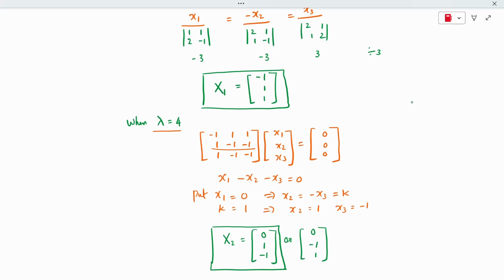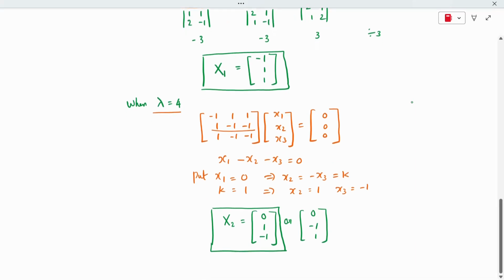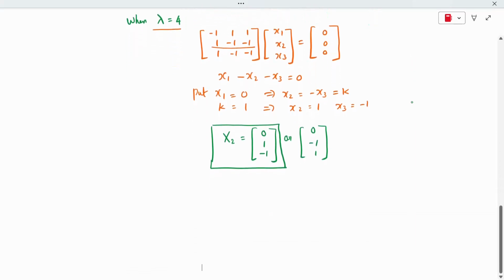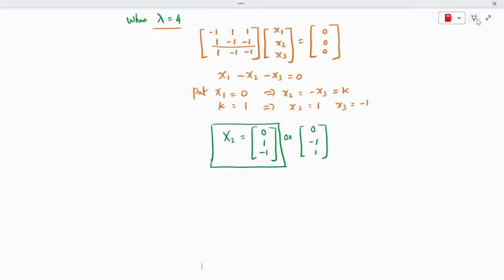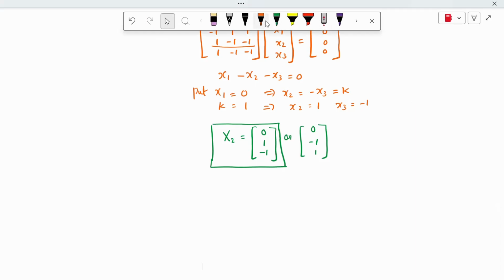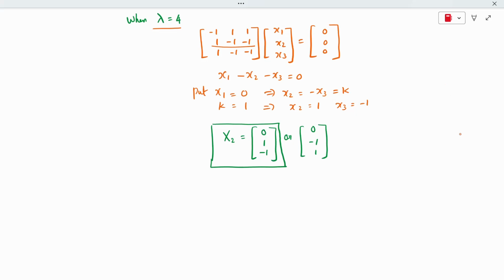We need to find the third vector. But which type is it? It is a symmetric matrix, the third type. Third type means what you have to do? As I already mentioned, in the question it is given that A is a symmetric matrix.